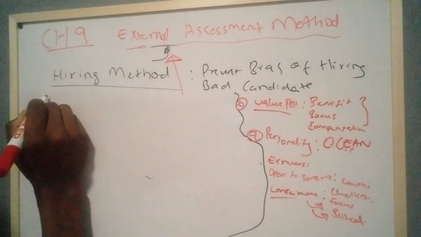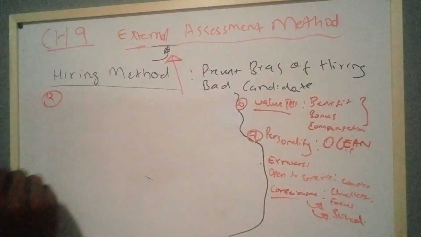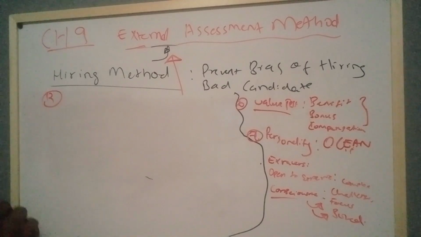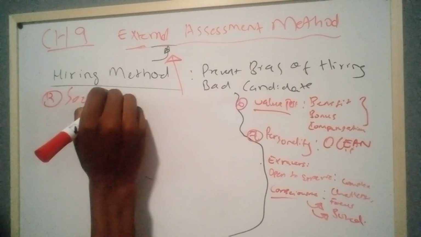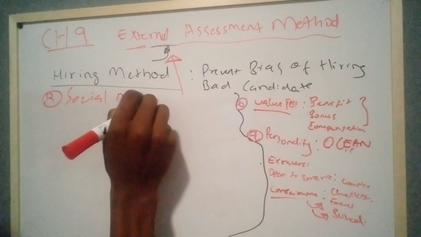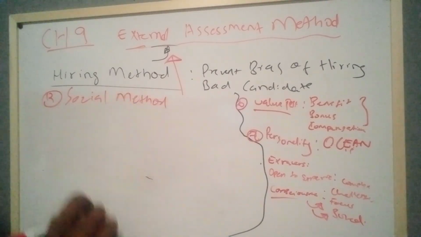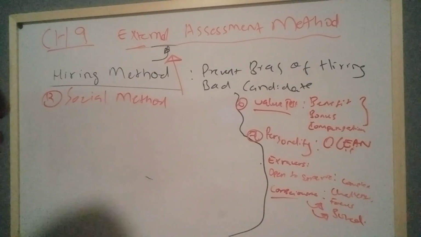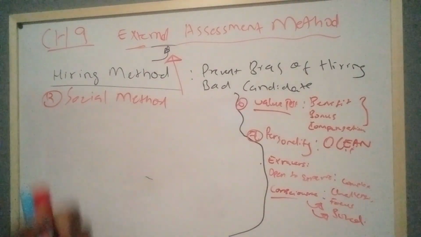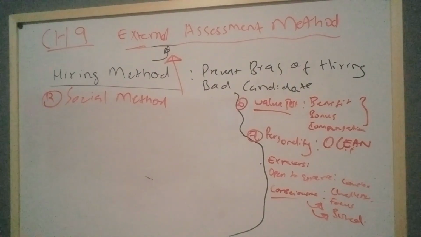And then number 12, social media check. Don't just post anything on social media. Some organizations use social media in order to assess you. So let's say you are not an honest person, you like to post private stuff like naked pictures and so on.